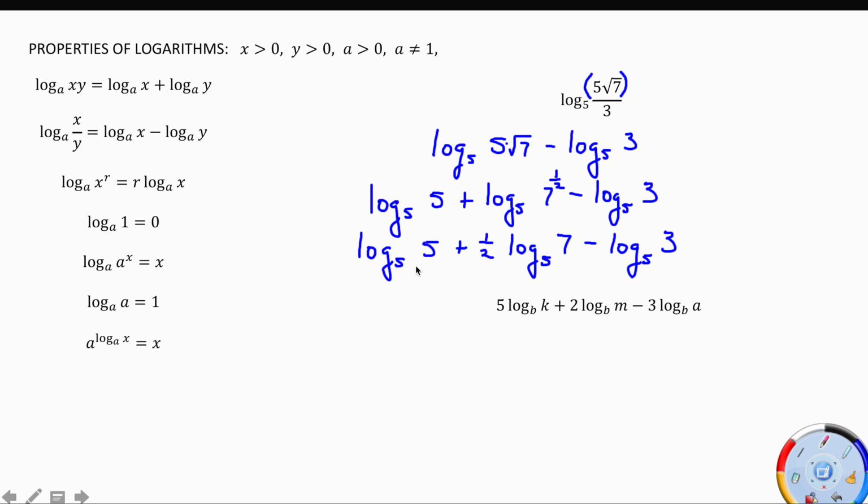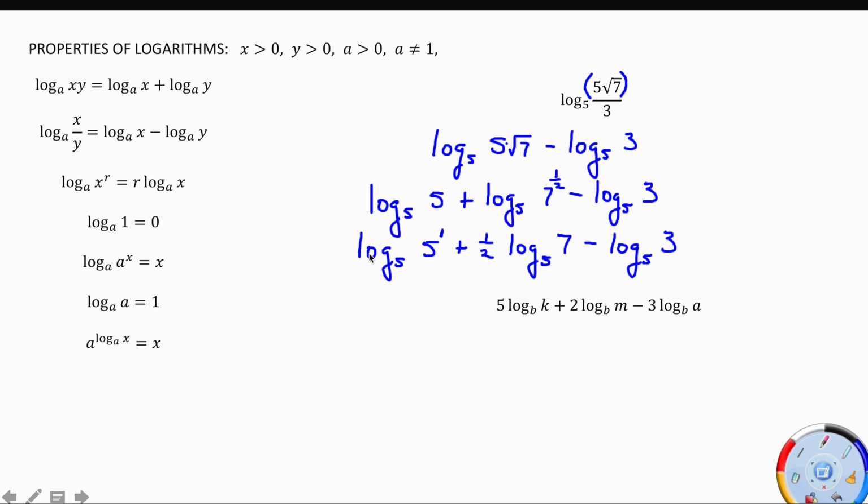But just like anything else, we always have to make sure that we have completely simplified our logarithms. So I'm going to look to see if I have any bases that are the same or can be made the same, just like in my exponentials. If I have any bases that are the same, this will simplify to just whatever the exponent is through this property right here.